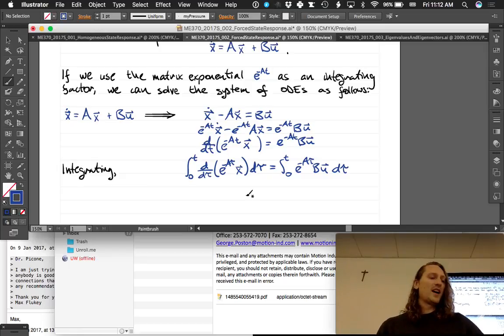So this left-hand side, it kind of looks intimidating, but it simplifies really nicely.